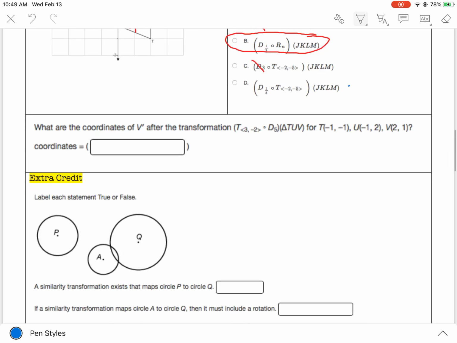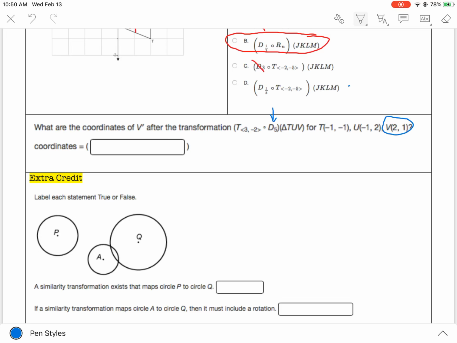Okay, what are the coordinates of V prime after the transformation: dilation 5 and translate 3, -2. We're just looking at V. We start with the dilation first.